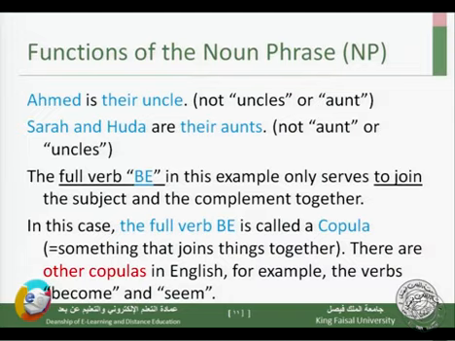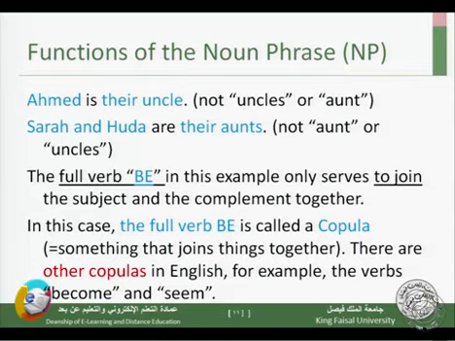The full verb be in this example only serves to join the subject and the complement together. If you notice, the job of the verb to be here, it is a full verb, not a helping verb, there is no other verb in these sentences. Its job is to connect the subject and the complement.